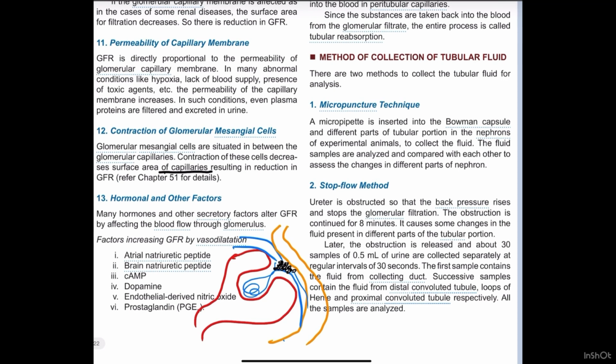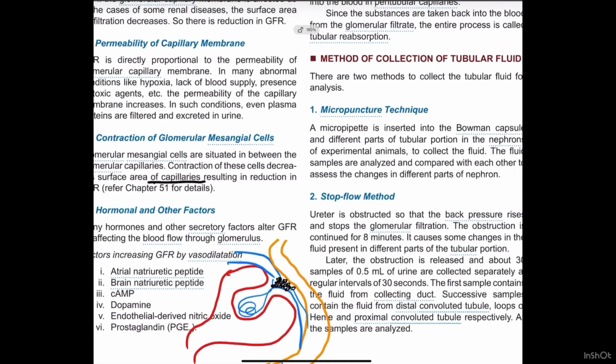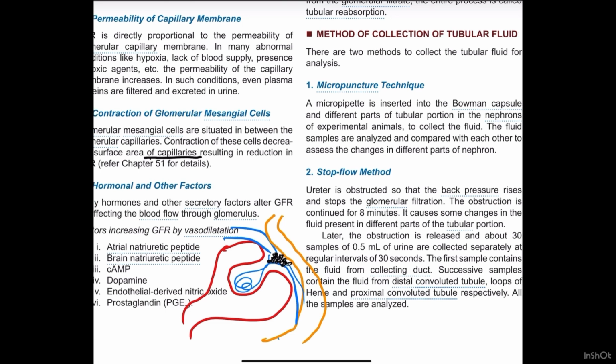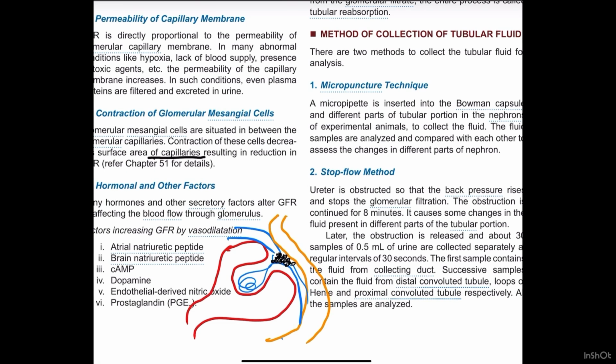What are the hormones and other factors that affect the blood flow through the glomerulus? That is atrial natriuretic factor, ANF, which comes from the atrial wall of the heart. ANF is against renin, meaning the RAS mechanism.